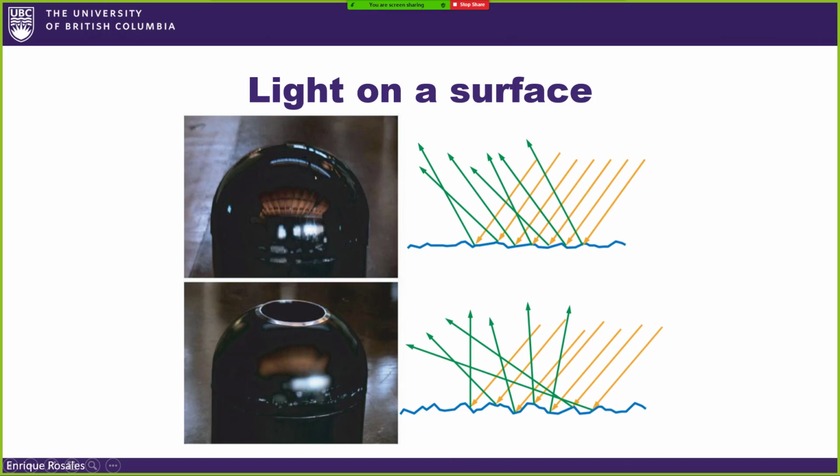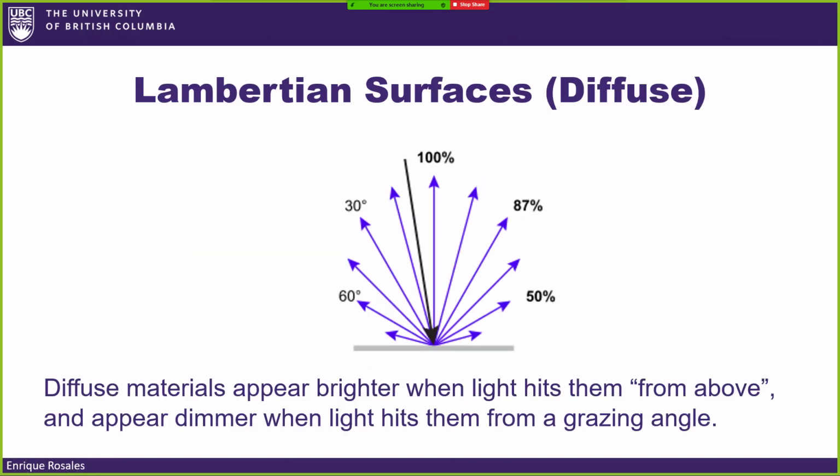So this is basically what you do when you are computing the values for different materials, and you will see how we do that, right? So let's first talk about a certain type of surfaces called Lambertian surfaces. And this type of materials, basically what happens with them is that they appear brighter, or they reflect more light when the light hits from above, right?